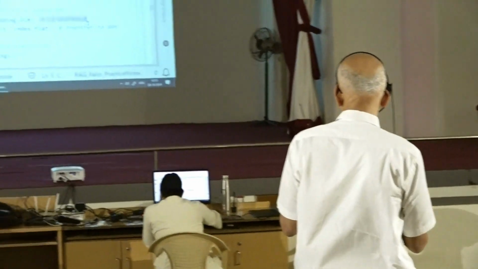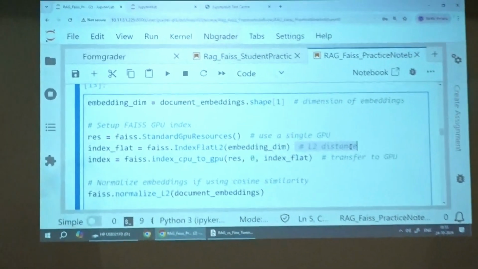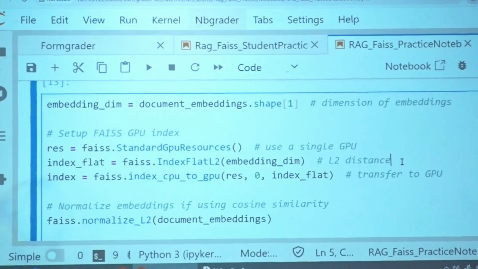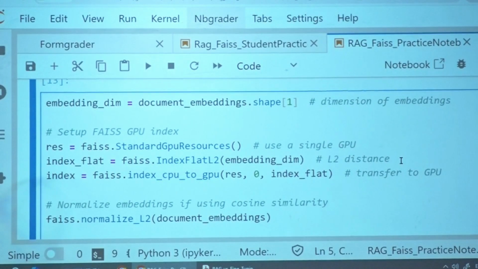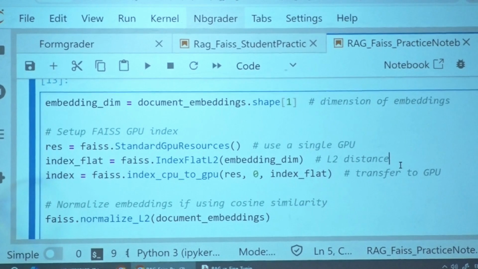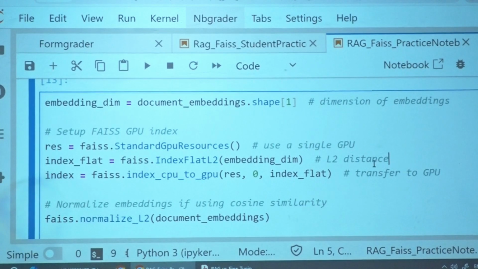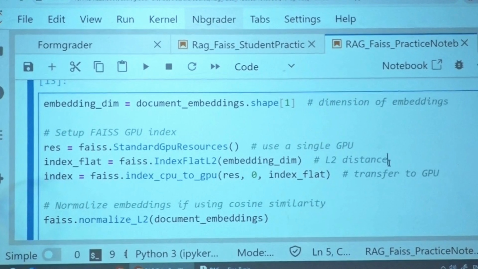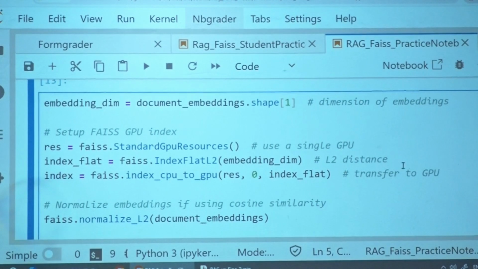So the embedding dimension is taken to create the index. Right now we have only described the size of the index, what it should use. So we are saying index flat L2, not a very good indexing strategy, but it will work on the embedding dimension.